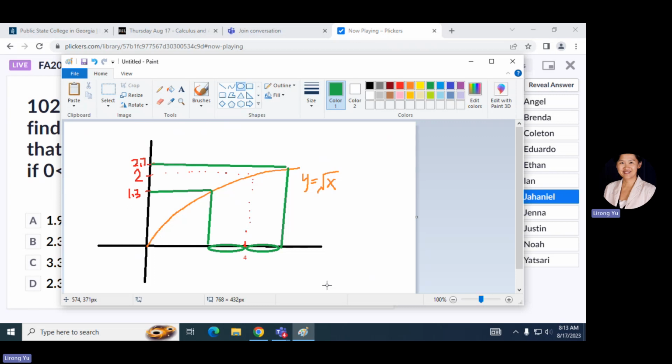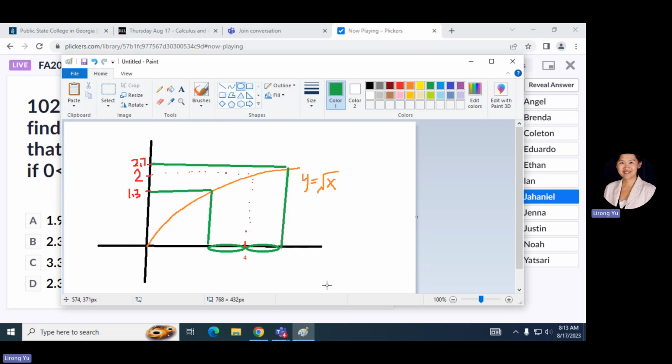So whichever absolute value is smaller will be the answer. The answer will be less than the minimum of the absolute value of 2.7 squared minus 4 and the absolute value of 1.3 squared minus 4. Whichever of those two is smaller will be the answer for delta.